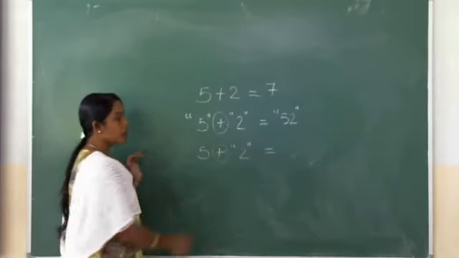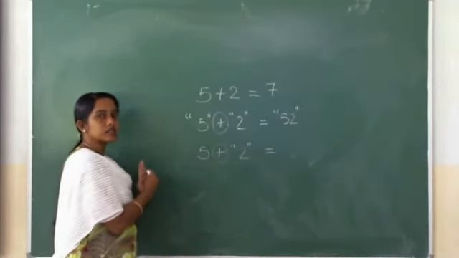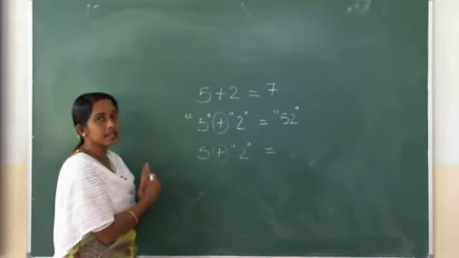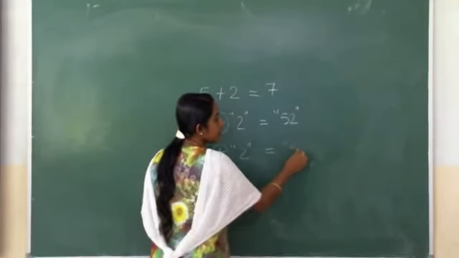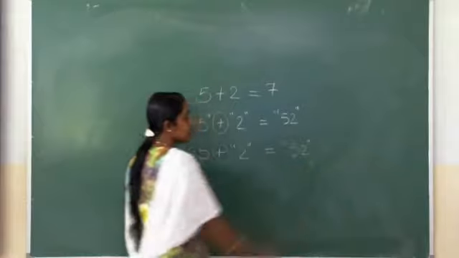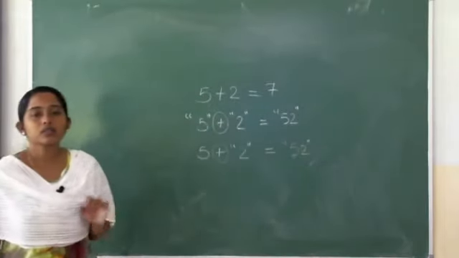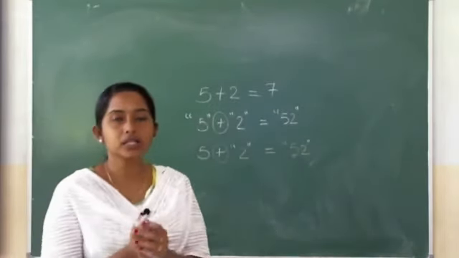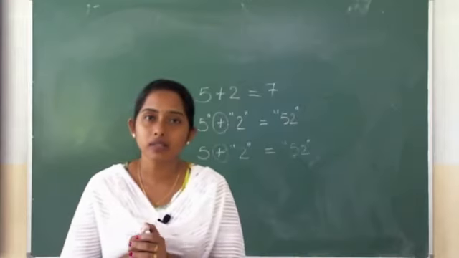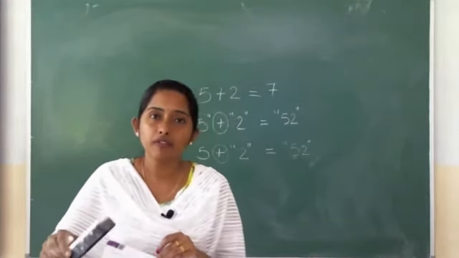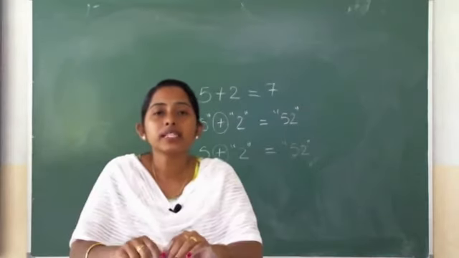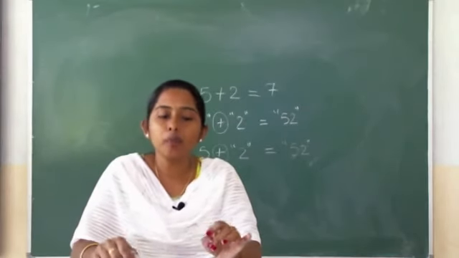So here also we will append the strings, or do the concatenation. That means the final result will become 52 itself. Got it? So this is the plus operator with strings. Normal addition and addition with strings are different. Be careful.